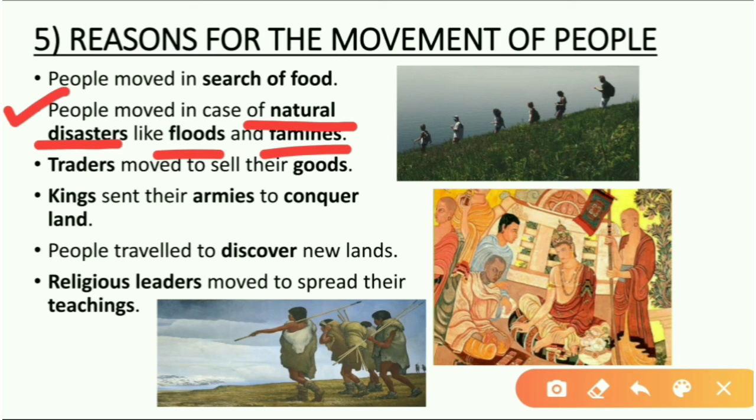Now, what do you mean by famine? Famine means drought, or you can say lack of food for a long period of time in an area that can generally cause the death of many people. So when any flood or famine kind of thing happens, the people tend to move from one place to another.